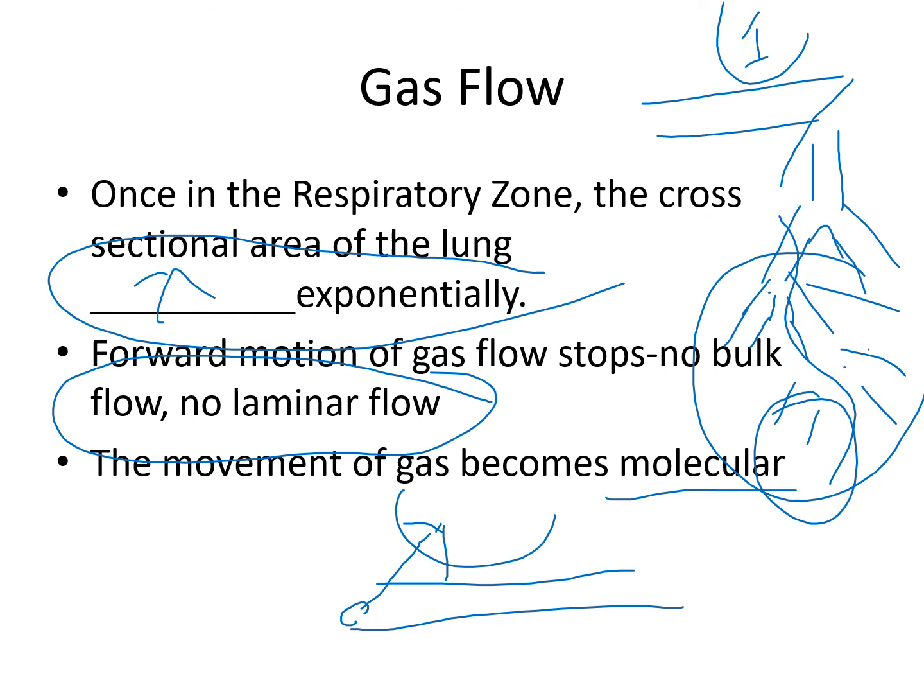We have a higher pressure of oxygen, and I'll use green here, higher pressure of oxygen in our alveoli than we have in our venous blood, and so we'll go that direction. We have a pressure gradient. We have a molecular movement of particles that's going on here, molecular movement of gas.